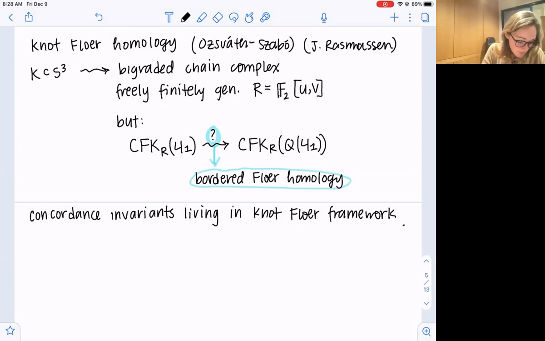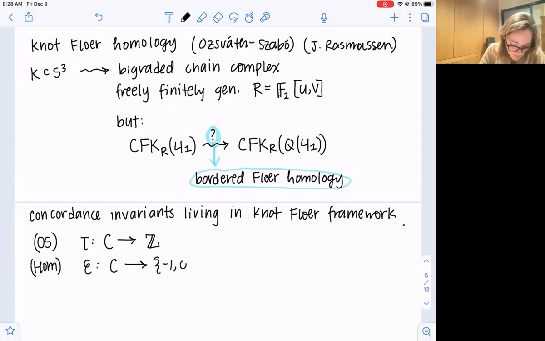Maybe I'll give a few examples so you can have an idea of what they look like. Due to Ozsvath and Szabo, there's the tau invariant, which takes on integer values. Due to Hom, there's the epsilon invariant, which takes on values -1, 0, or 1.